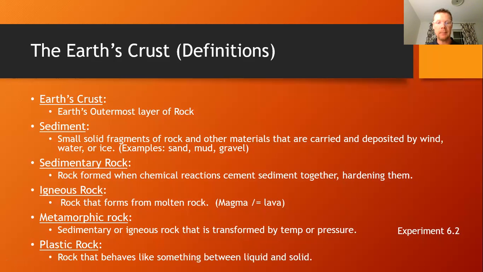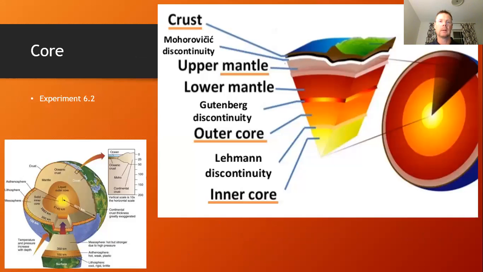And plastic rock is rock that behaves like something between liquid and solid rock. Okay. What haven't we discussed from this one? Oh, let's talk about more discontinuities. There are 3 discontinuities we want to talk about in this chapter.